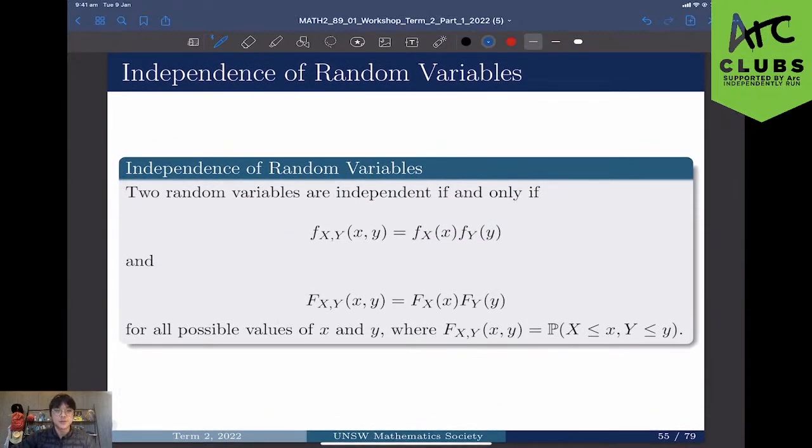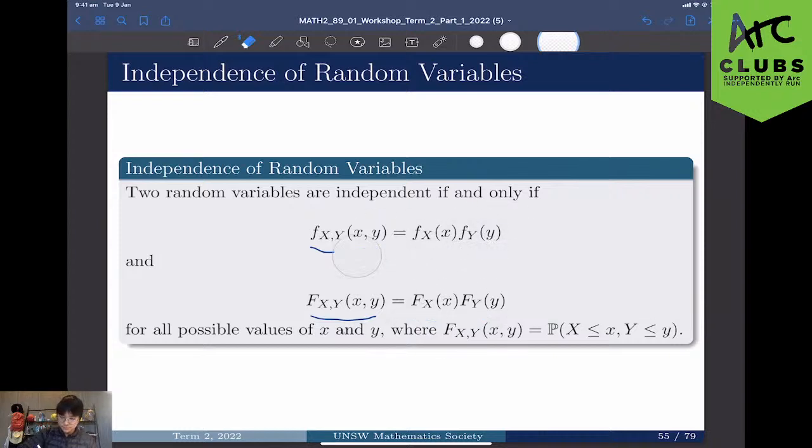And independence of random variables. Two random variables are independent if and only if their joint density function is equal to what you get when you multiply their individual marginal density functions together. And also the CDF of the joint density function is going to be equal to the product of the CDFs.